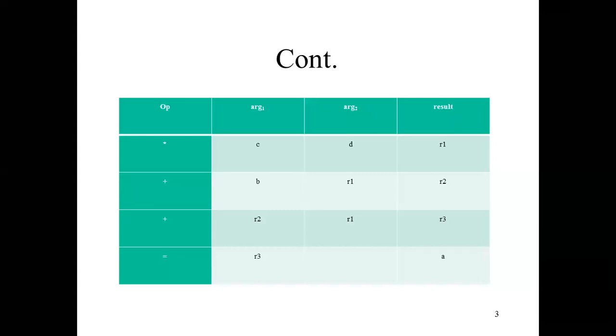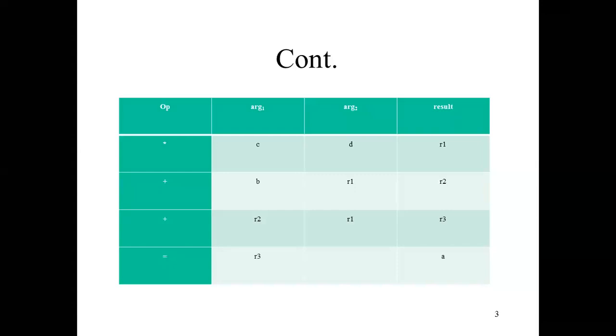Now, for the generation of intermediate codes, we mostly use three address code. For the representation of three address code, we can use either quadruples or triples. So how do we represent it in the form of quadruples?